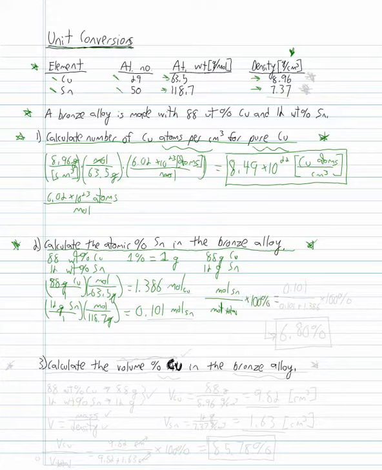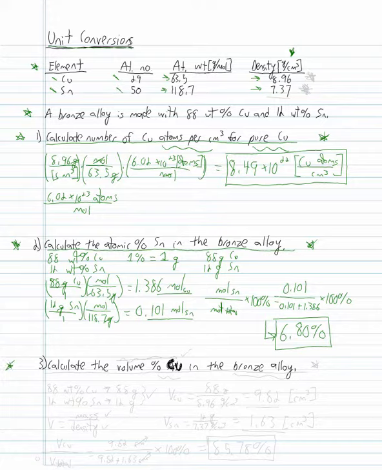Using these values, we can do 0.101, and we'll divide it by our total, which is going to be the sum of the moles of copper and the moles of tin. So 0.101 plus 1.386. Multiply it by 100%, so we can do percentages, and that's going to yield the answer of 6.80%. So the atomic percent of tin in this alloy is 6.80%.